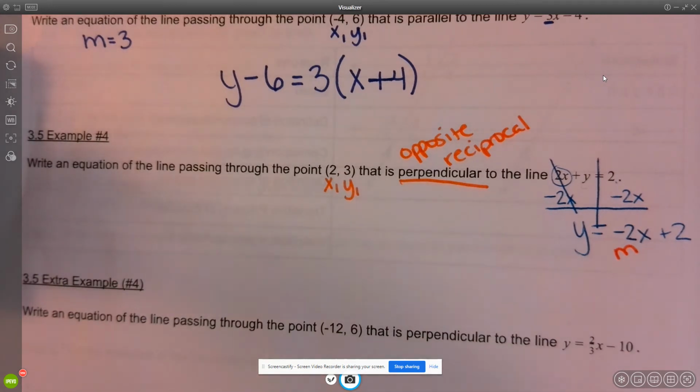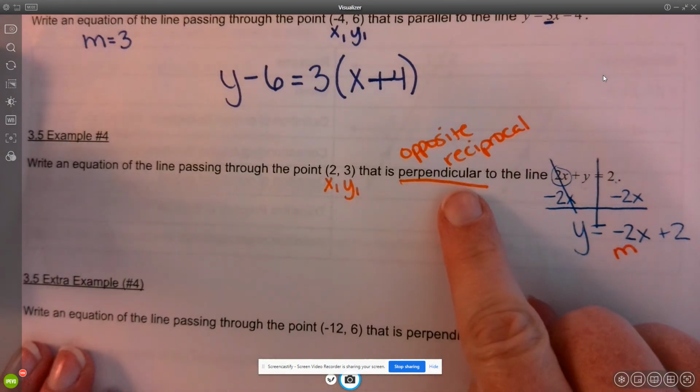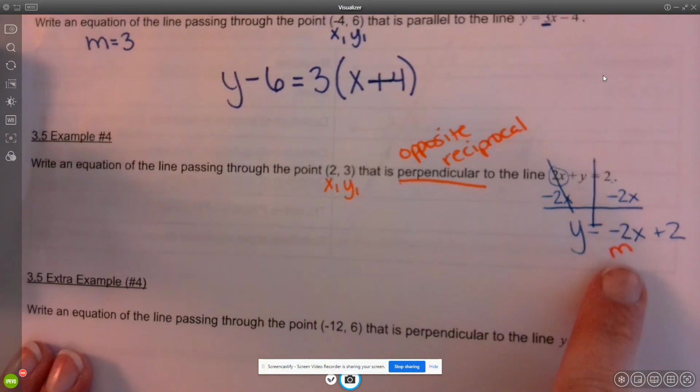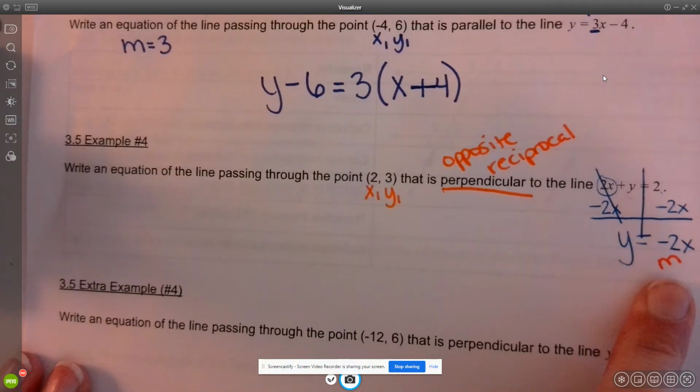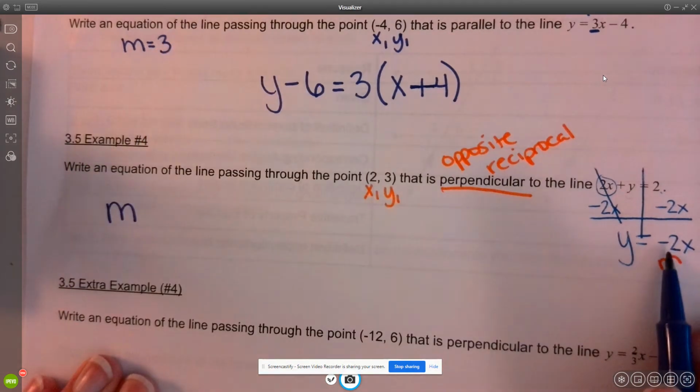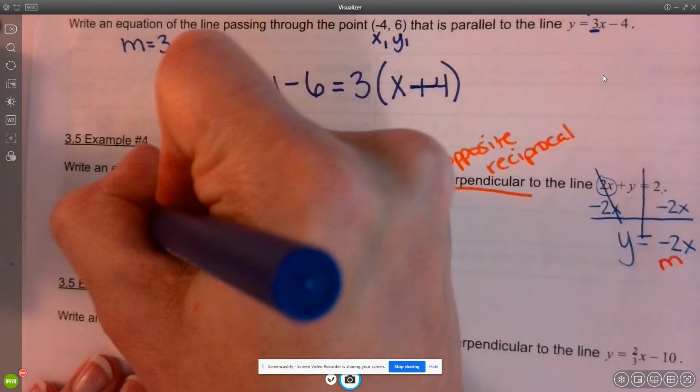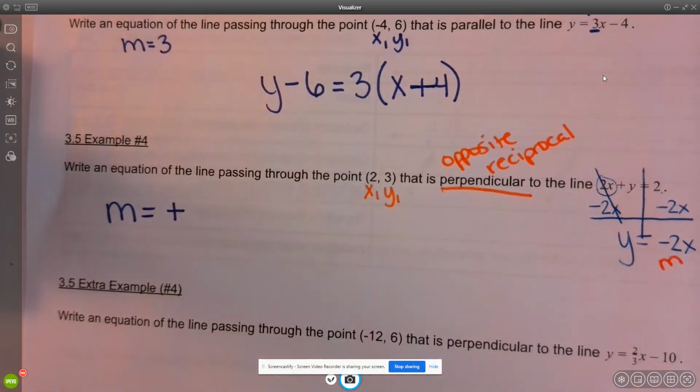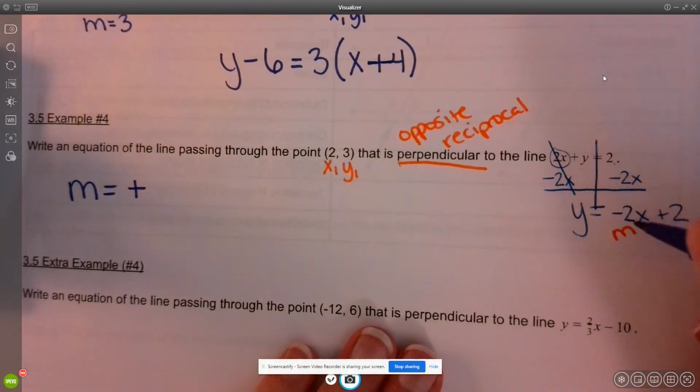So to find the slope of my line, it needs to be the opposite reciprocal of negative 2. If this slope is negative, mine needs to be positive. And then I need to think about flipping this.